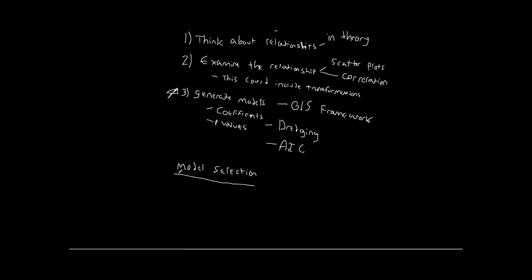But now we want to say, okay, we have the best OLS model that we're going to get based on these criteria. But the question, because we're in a spatial framework, is can we do better with one of the spatial models: the spatially lagged X, the spatially lagged Y, or the error model?